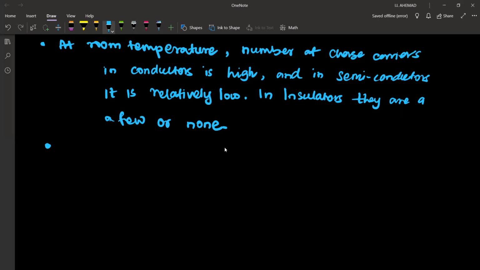So if I consider a conductor, in this conductor these negative charges, the electrons, are shown as negative charges. They are in random motion. There is no specific direction. They move the way they want.